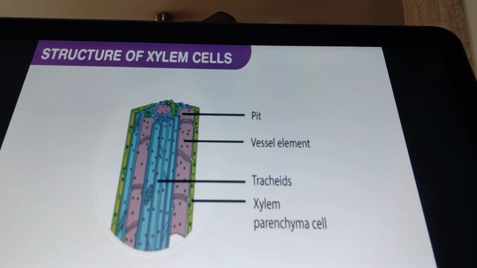You can see, children, these are arranged in such a way as a system with long tubes and channels in which water can move readily. The tracheids, vessels and wood fiber are dead cells. Only the wood parenchyma, which we also call the xylem parenchyma, is a living cell.